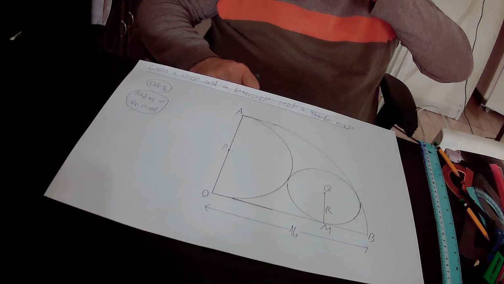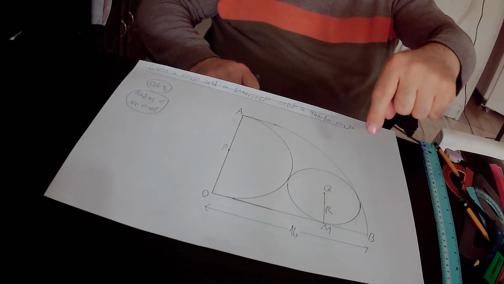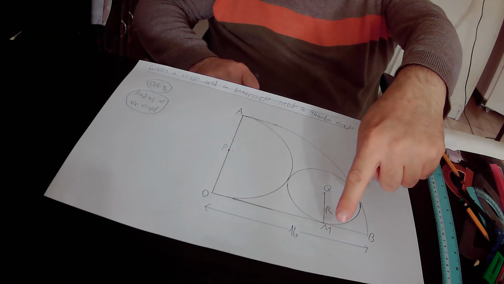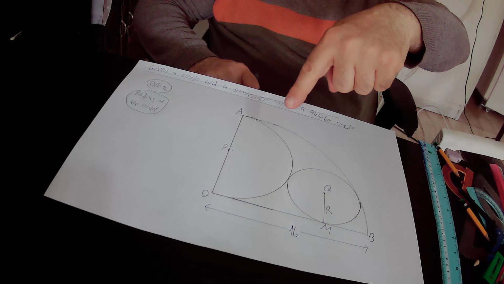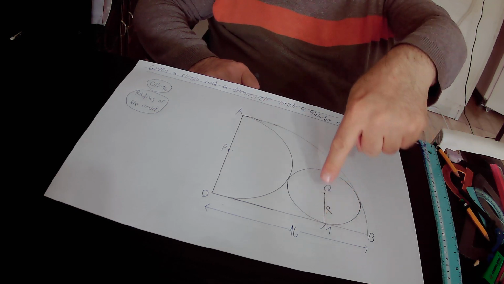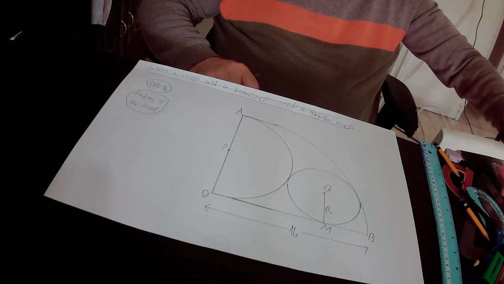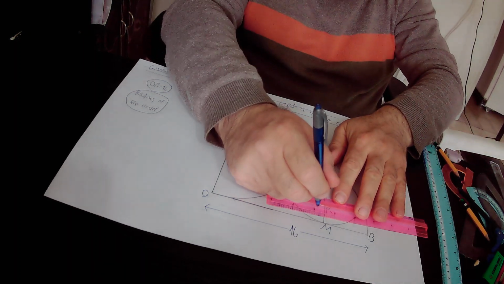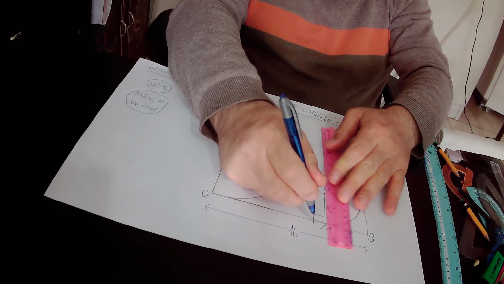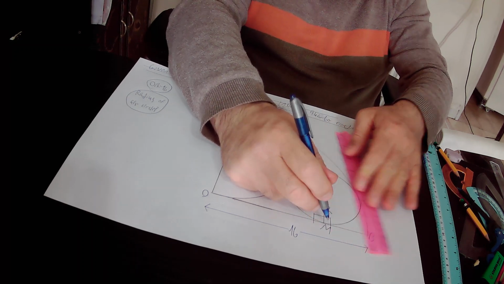And whenever you have a radius that is drawn to the point of tangency, then tangent OB will be perpendicular to the radius QM. If tangent OB is perpendicular to the radius QM, it means that this angle equals 90 degrees, and this angle also equals 90 degrees according to rule 1.